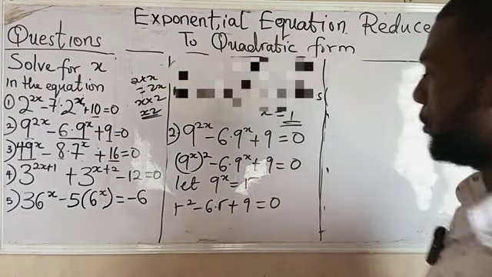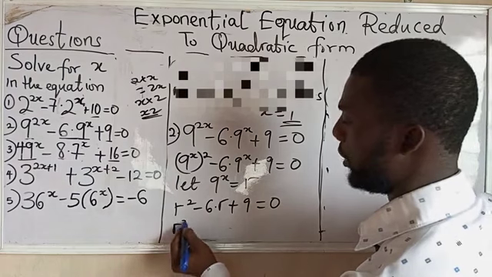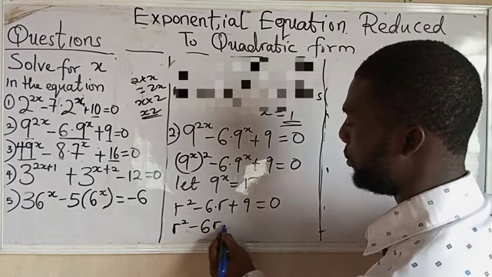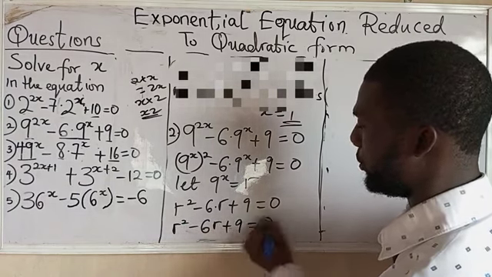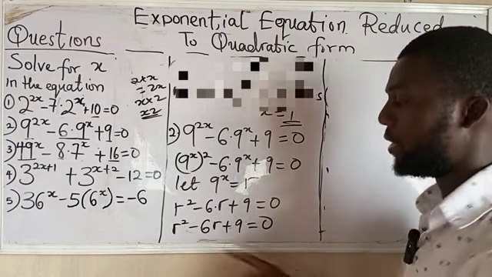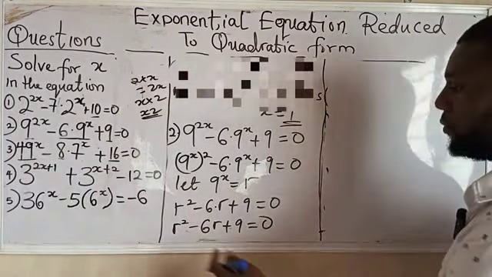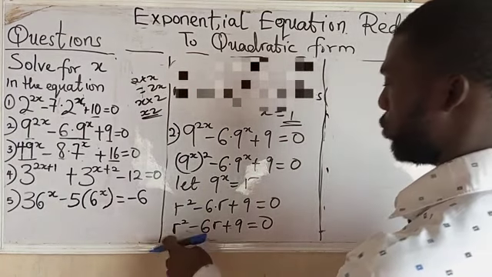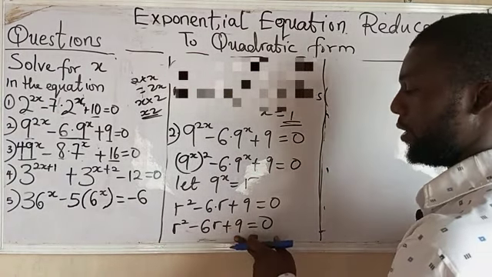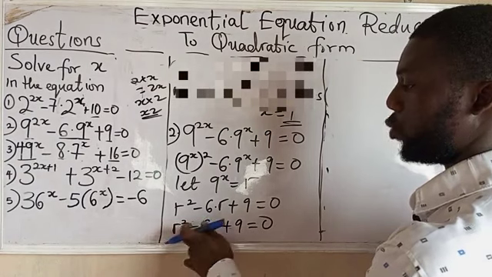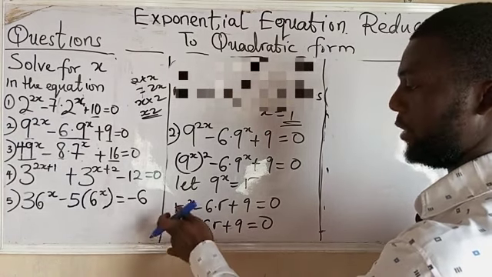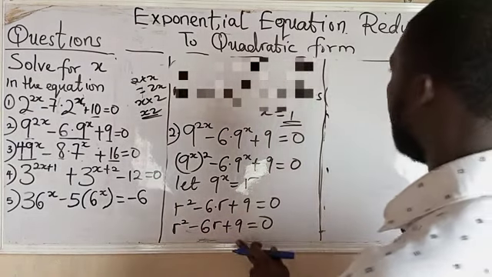So r squared minus 6r plus 9 equals 0. 6 dot r means 6 times r, and that's why you have 6r here. In this case, the coefficient of r squared here is 1, and the constant term here is 9.